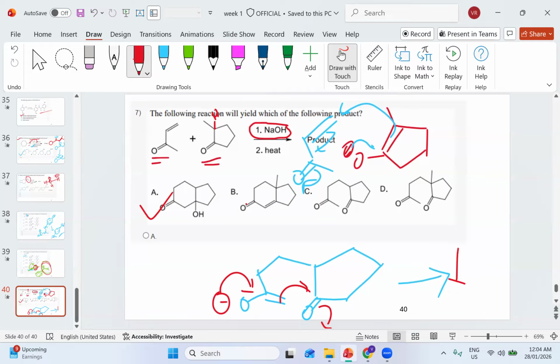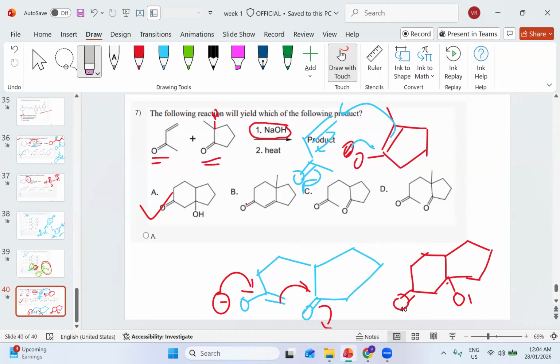So this will be the ketone here. Once this bond attacks here, this O negative can then further abstract the proton, so it converts into the OH.